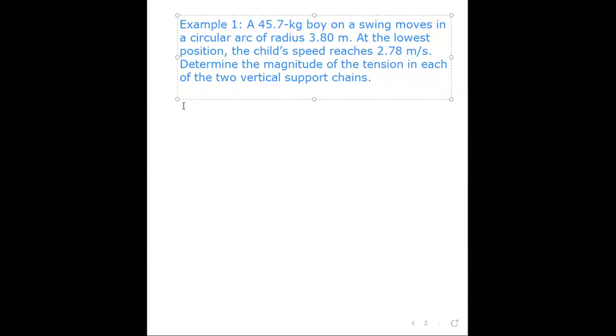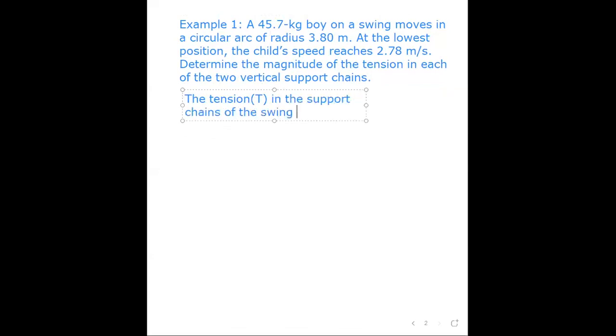Let's recall. There's some terminology here that's not new, but I don't think we talked about it. We say that the tension, denoted as big T, is in the support chains of the swing.